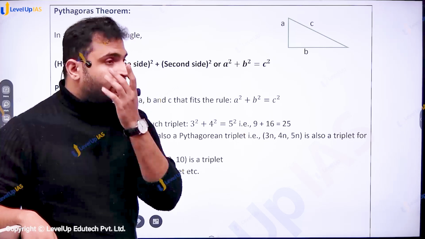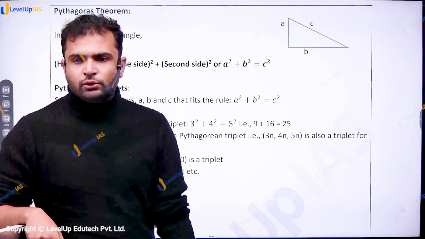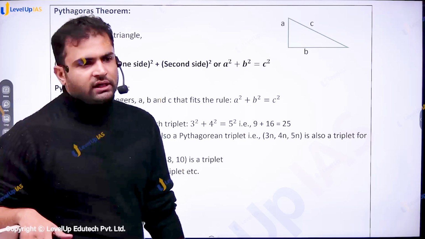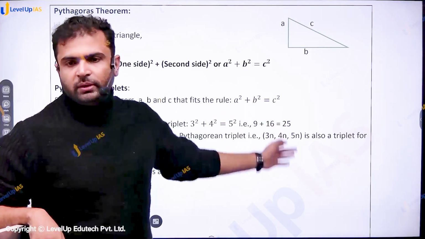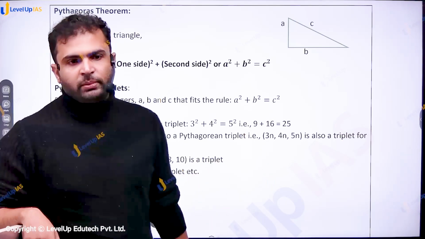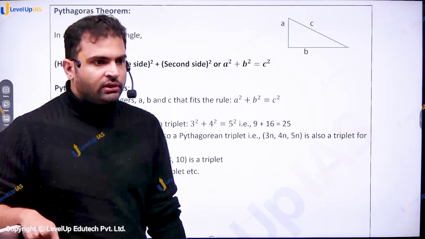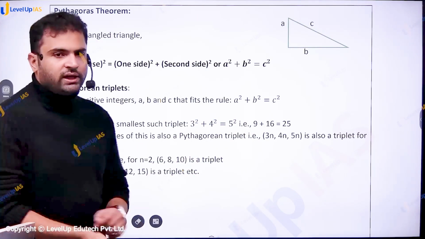In the Shulba Sutra, which was written around 800-700 BC, the Pythagoras theorem is mentioned. That is at least 500 years before Pythagoras, so Indians knew this and were using it as well.